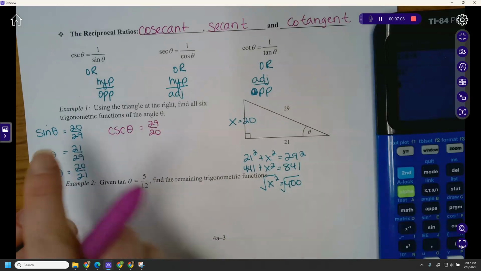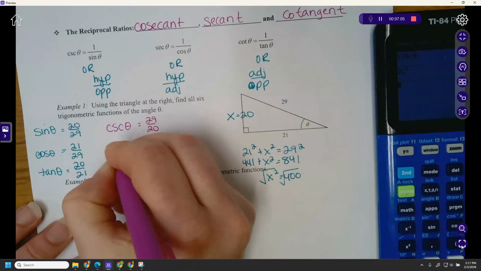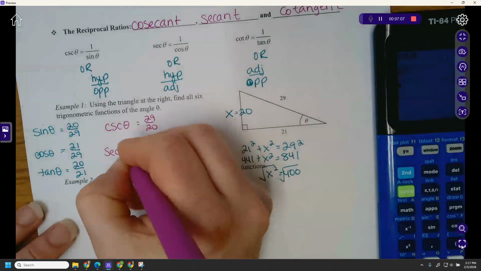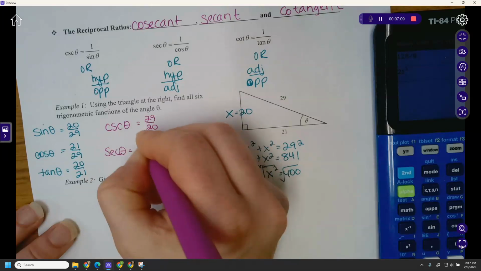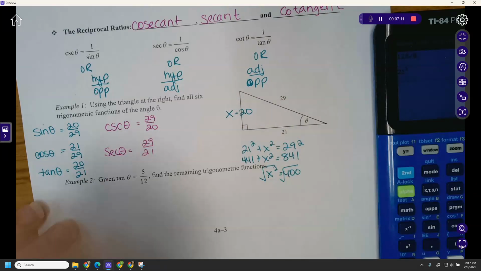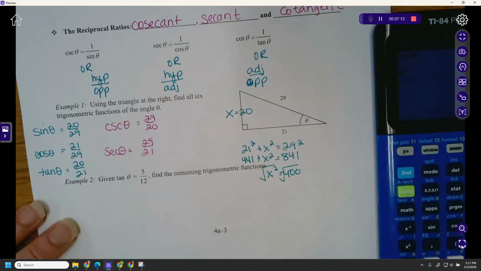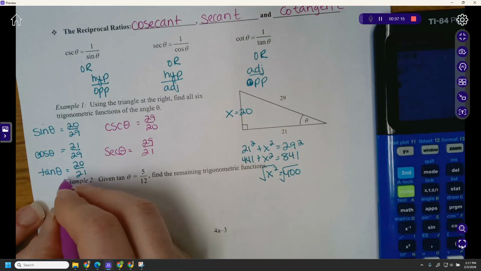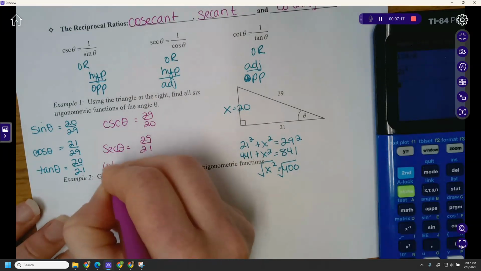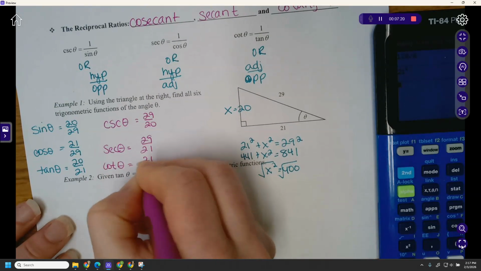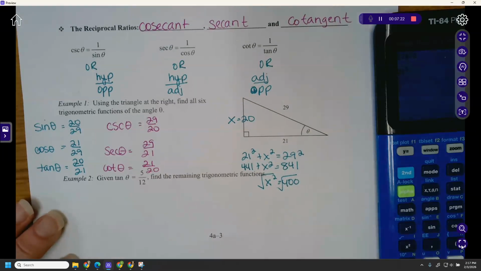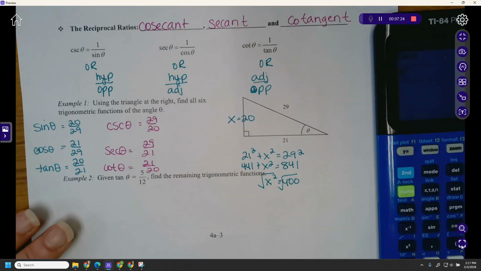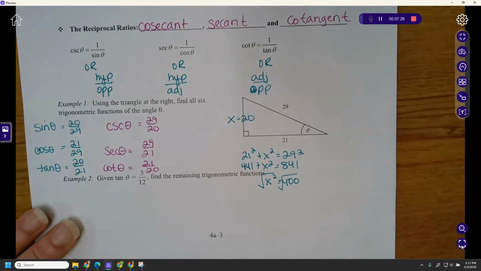The reciprocal of cosine is secant, SEC of theta, and that would be 29 over 21. And then cotangent, 21 over 20. Okay.